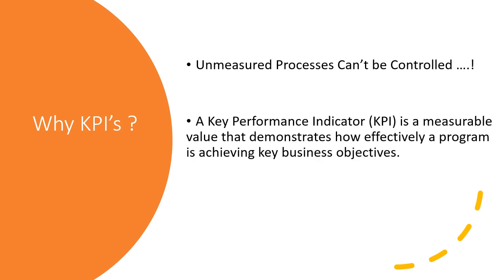A key performance indicator is a measurable value that demonstrates how effectively a program is achieving its key business objectives. This is the reason why any program or process has different KPIs in order to track and measure the performance effectively.